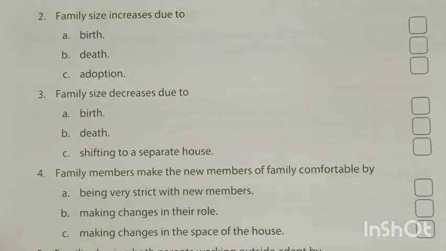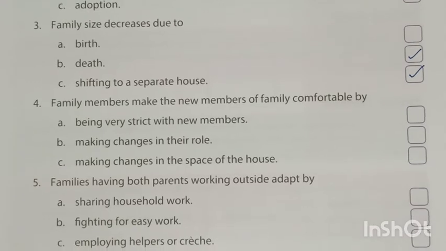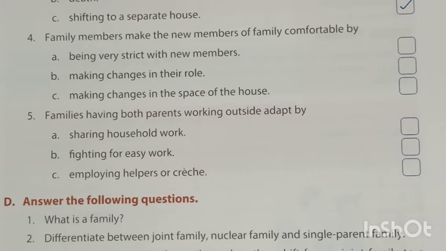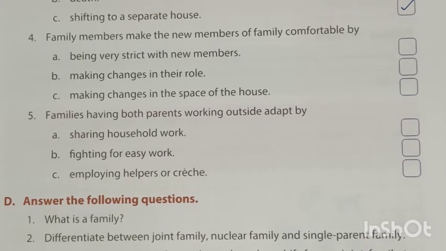Next is, family size increases due to birth, death, adoption. So birth and adoption. Third is, family size decreases due to birth, death, shifting to a separate house. Death and shifting to a separate house. Next is, family members make the new members of family comfortable by being very strict with new members, making changes in their role.